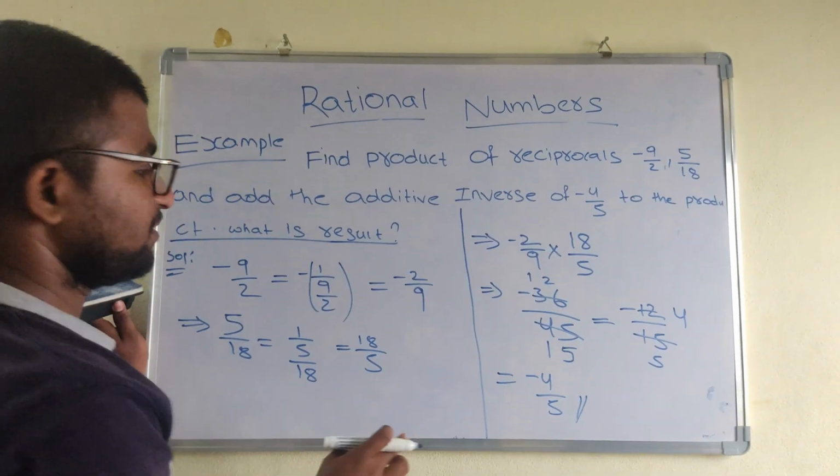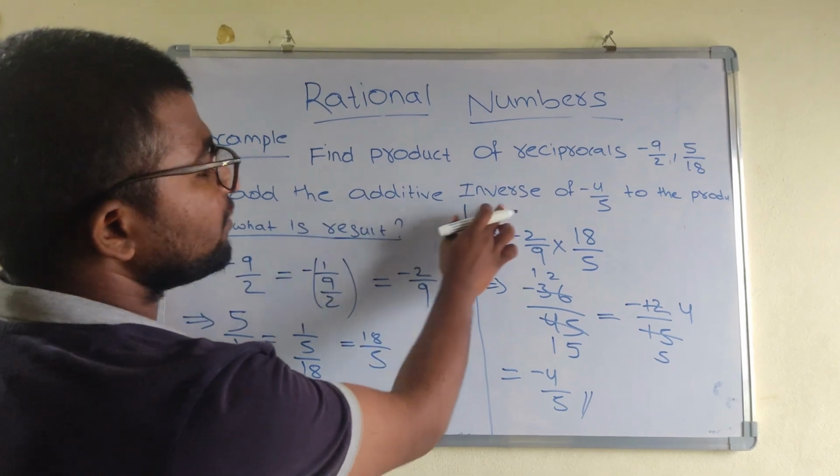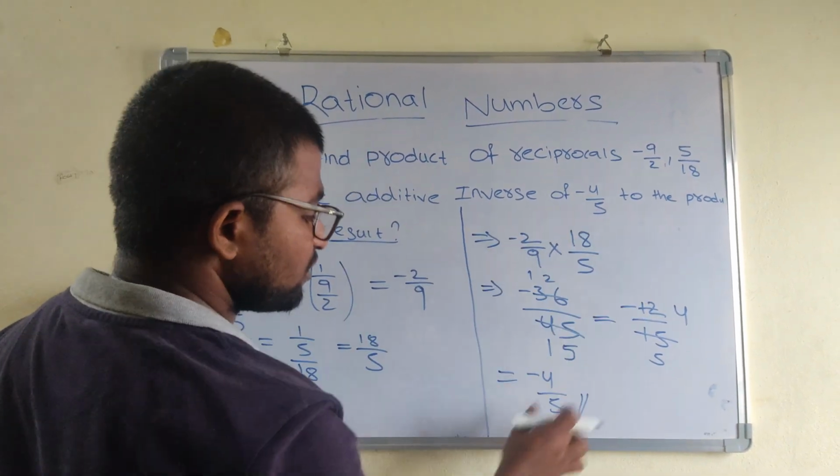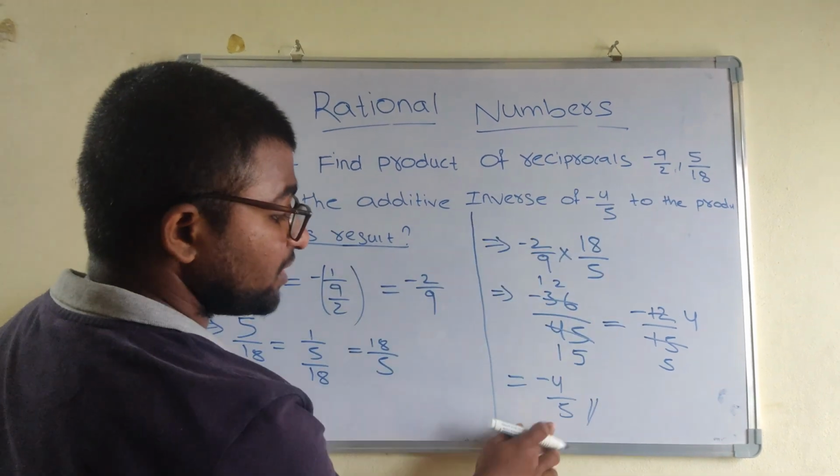We found the result of the first problem, the product of the reciprocals of these two numbers, which is minus 4 by 5. What is the next question? Add the additive inverse of minus 4 by 5 to the product. We need to add the additive inverse of minus 4 by 5 to this number.